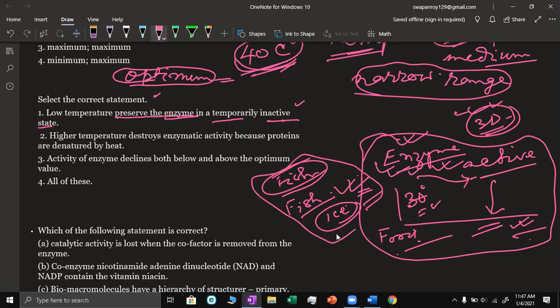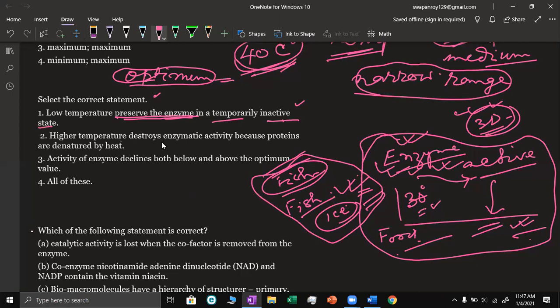But when we bring it home, if we don't keep it in the fridge, the fish will be spoiled. This is because low temperature preserves the enzymes, and high temperature denatures or spoils the enzyme.